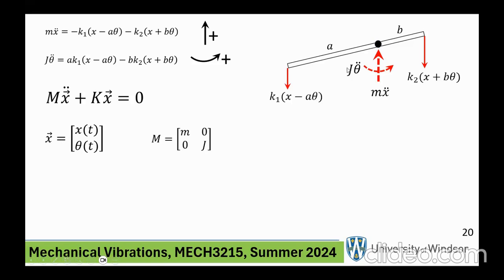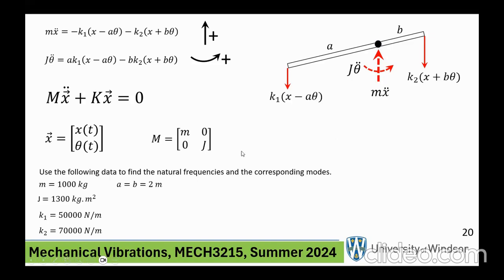One component is translation, the other one is rotation. And the mass matrix is obvious. You rearrange this thing, it's going to be the mass of the car, think about it like that. And J is the mass moment of inertia about the mass center.